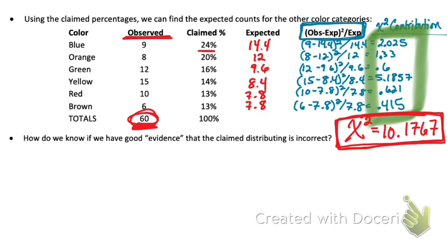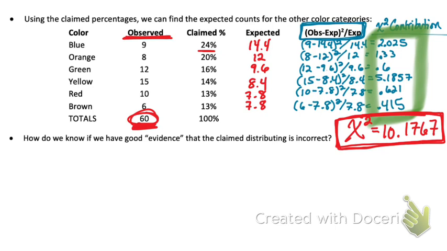All right. So, why do these numbers matter? The bigger the chi-squared contribution, the bigger the problem with that particular category. So, who contributed to the biggest problem with the category? Yellow. Yellow is the biggest problem with our distribution. So, it looks like if we find that they're lying to us, it might be because of the yellow.